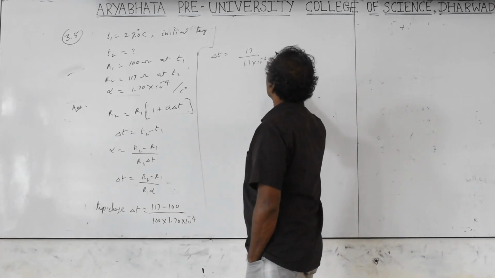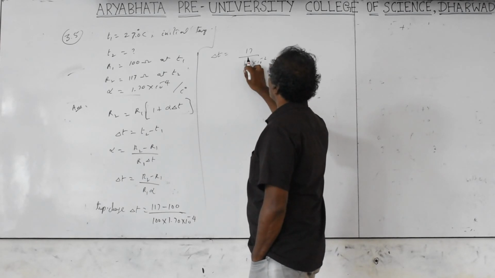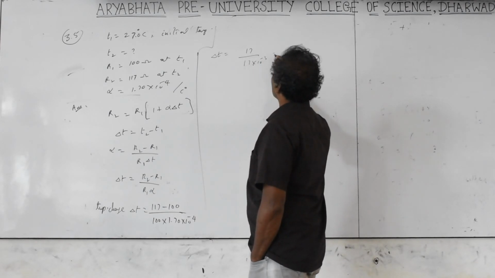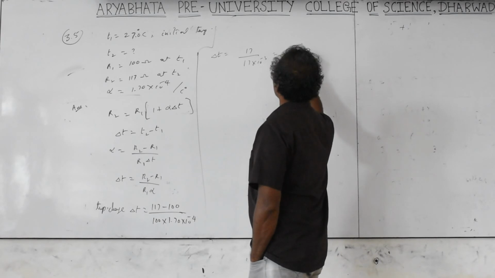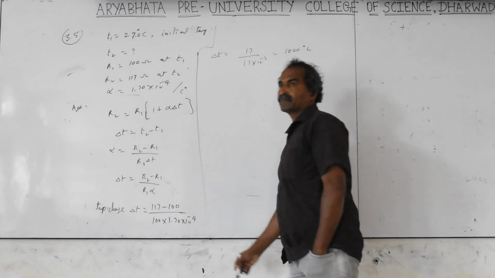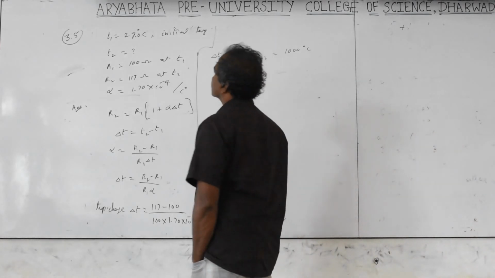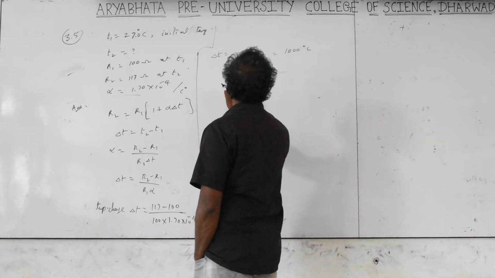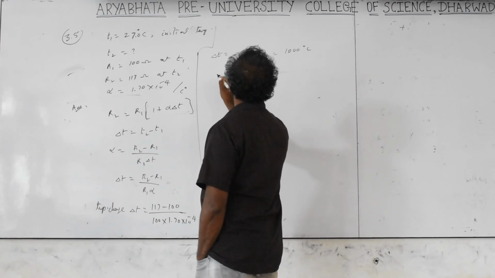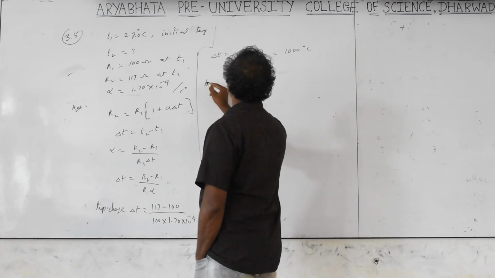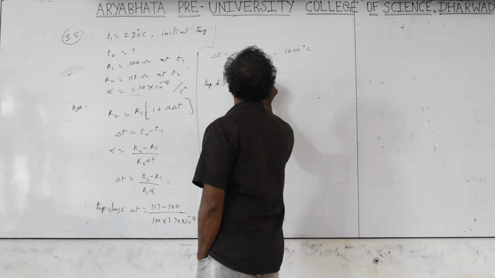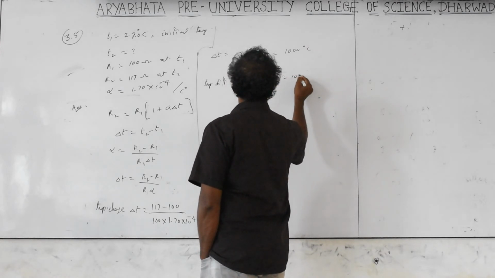Take it to the numerator. If you remove the decimal, it becomes minus 3. 17 cancels, and what you get is 1000 degrees centigrade as the temperature difference. Delta T, which is T2 minus T1, is 1000.